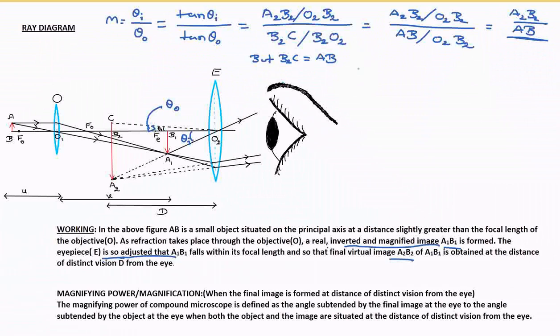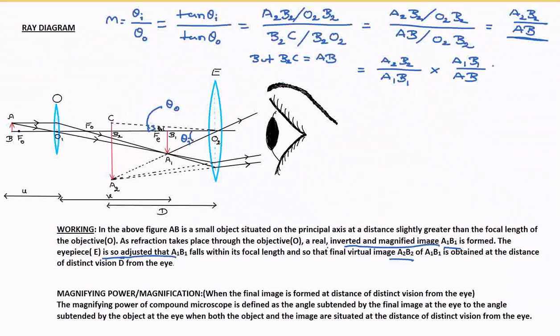Again, we can write this as A2B2 divided by A1B1 into A1B1 divided by AB. But see, here A2B2 divided by A1B1 is the magnification produced by the eyepiece, because for eyepiece lens A2B2 is the image size and A1B1 is the object size.